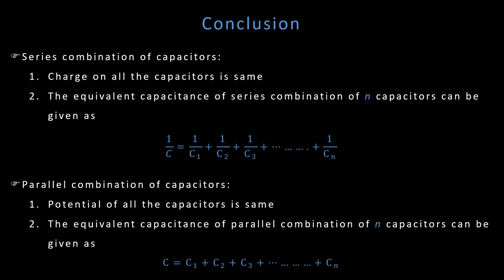And the essential feature which we should not forget here is, in case of series combination, effective capacitance reduces, and we get an equivalent capacitance which is less than the least of C1 to Cn, whereas in case of parallel combination, effective capacitance increases, and it has a value more than the highest value from C1 to Cn.